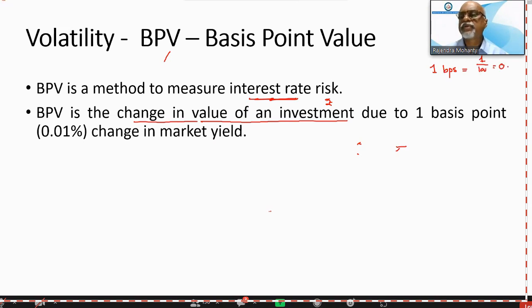So it becomes 0.01%. So if the market yield or market rate changes by 0.01%, then what is the change of the value or price of your security? So that is your BPV.